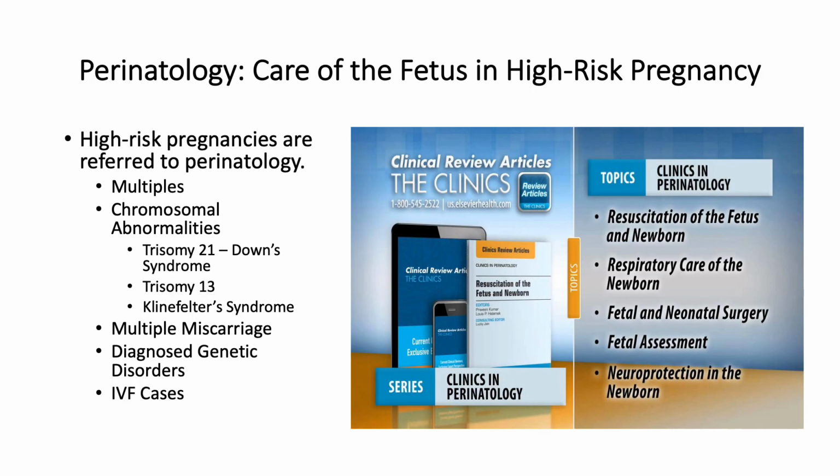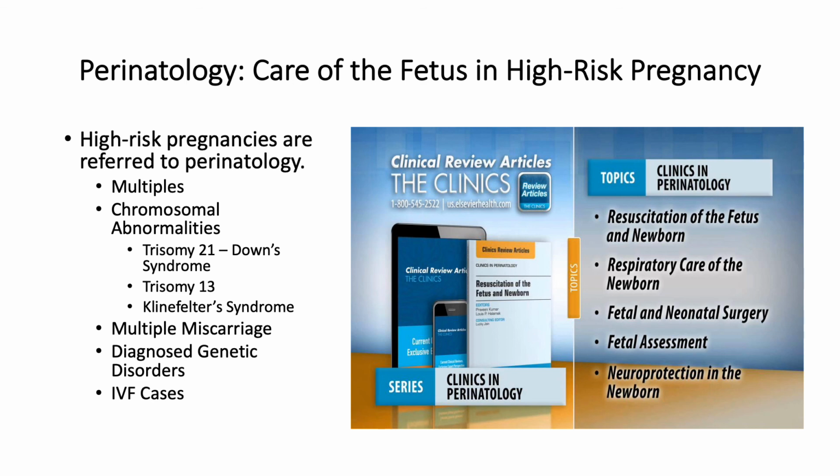When someone is diagnosed with a possible chromosomal abnormality, or in any high-risk pregnancy like multiples, or the health of the mom can be tagged as a high-risk pregnancy like gestational diabetes, or a mom that has type 1 or type 2 diabetes, or a heart problem, anything that could place the fetus at risk, they'll get a referral to perinatology.